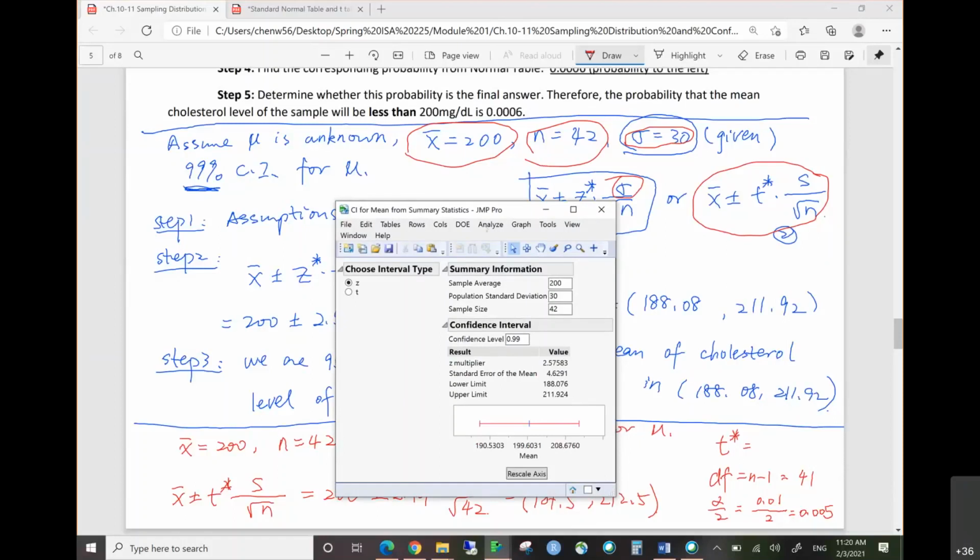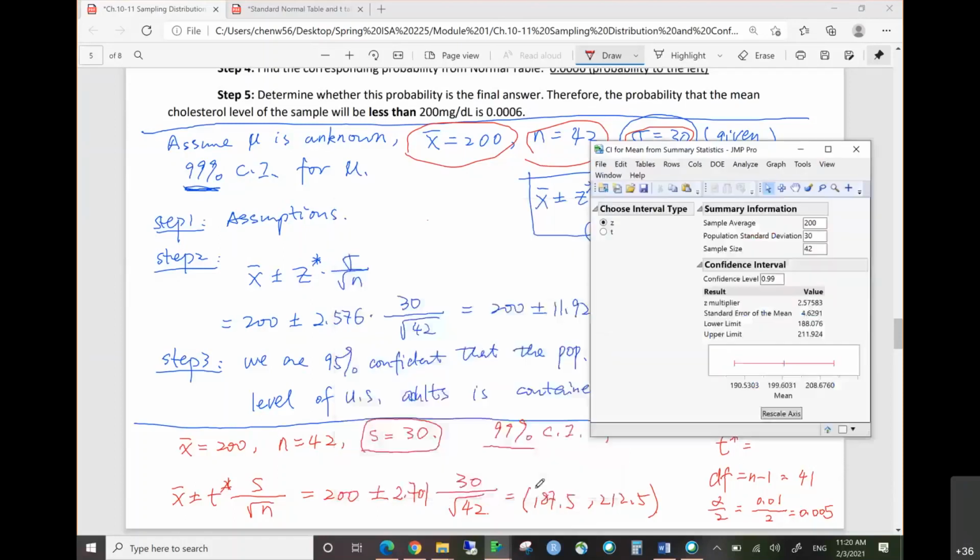But for the second case, what if I do not have the population standard deviation? Instead, I have the sample standard deviation. That means I need to change the interval type from Z to T. Once you choose T, you will see that this option changes to sample standard deviation, so you enter the sample standard deviation here.